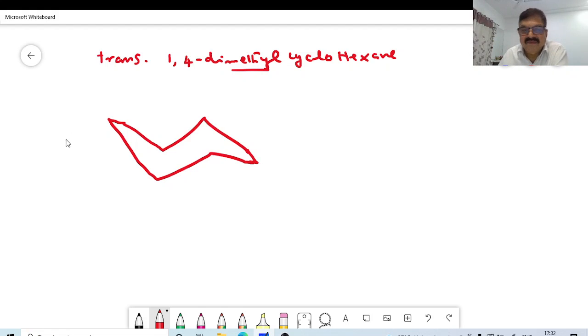So here, one hydrogen, and this methyl group on a down bond.